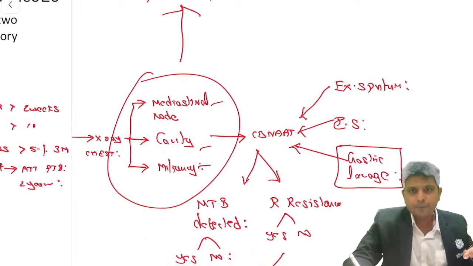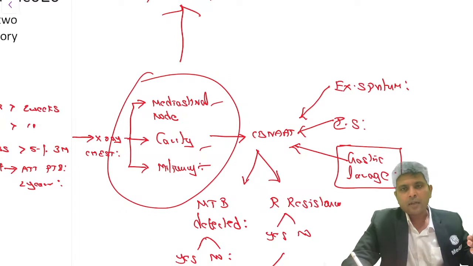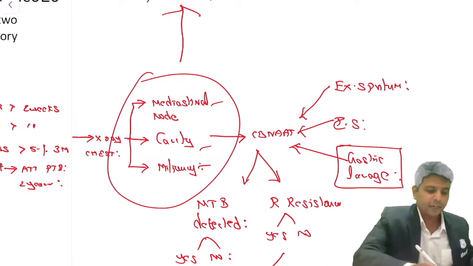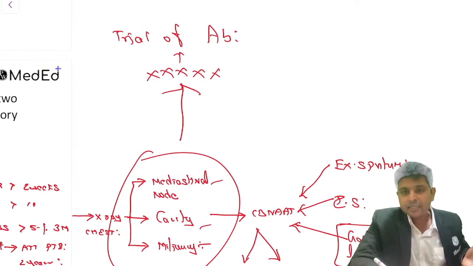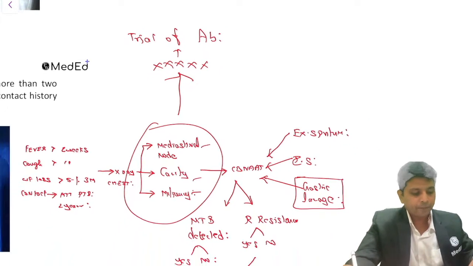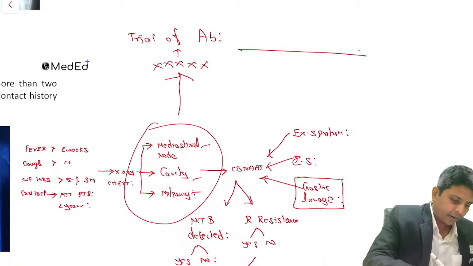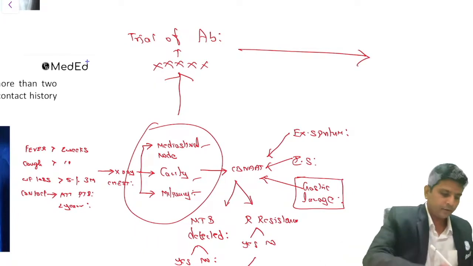When you have TB specific X-ray, go for CB naught either from expectorated sputum, gastric lavage or induced sputum. When these X-ray findings are absent, go for trial of antibiotic. That's it.